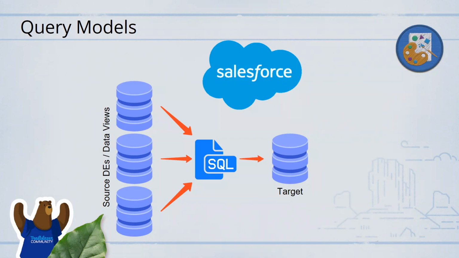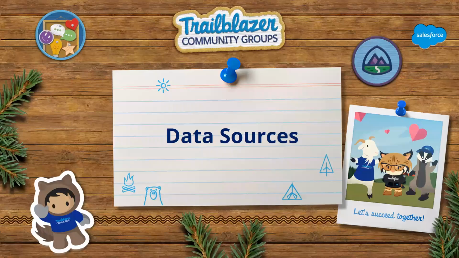That is where you will have multiple data views or data extensions to be considered. You can join them, write your SQL query, store the response in your target data extension, and then rest is what you always do within the Marketing Cloud instance.